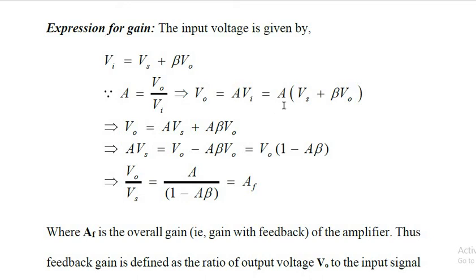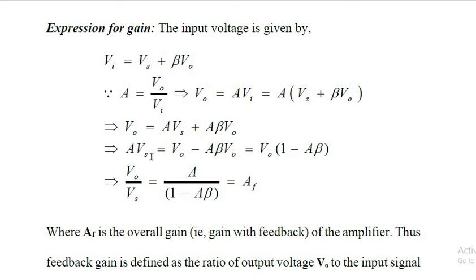That's equal to A into, substitute this Vi, so we get Vs plus beta Vo. Therefore Vo is equal to AVs plus A beta Vo. You multiply each term inside the bracket with A. Upon rearranging, you bring Vo towards one side.